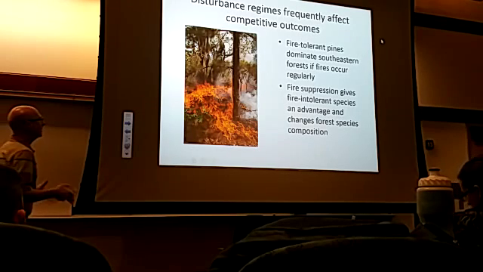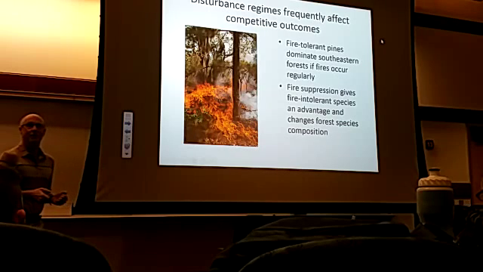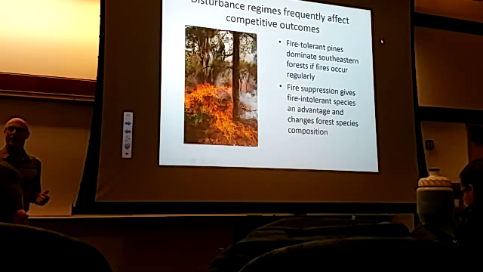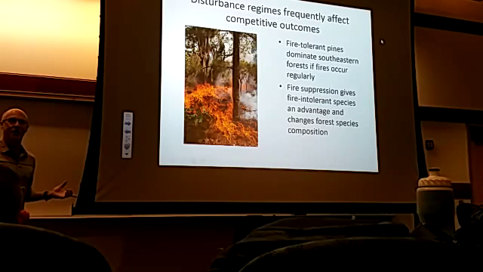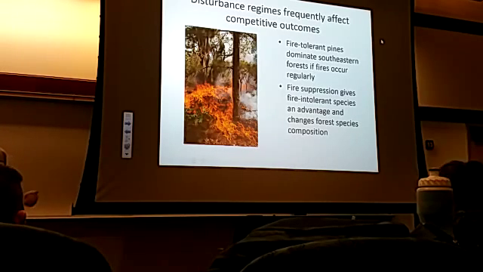So we should expect to see differences in the community structure of fire-suppressed and non-fire-suppressed situations in the same general region, simply because of what disturbance does to competitive situations.